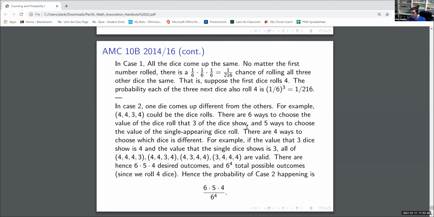Oh yeah, another way to do this one is that there are 4 different ways to organize these.